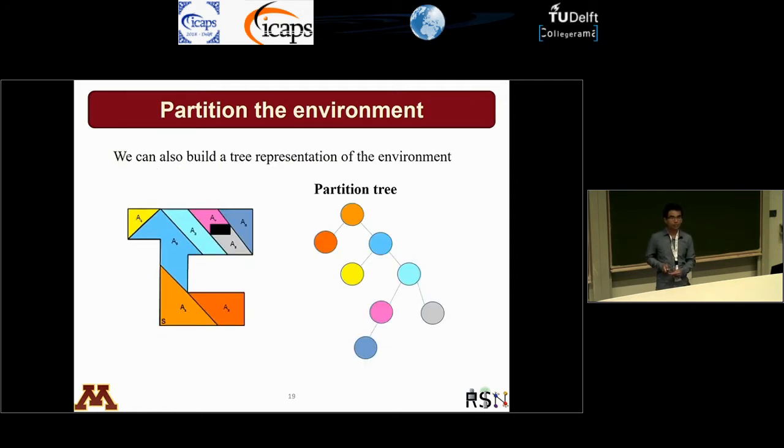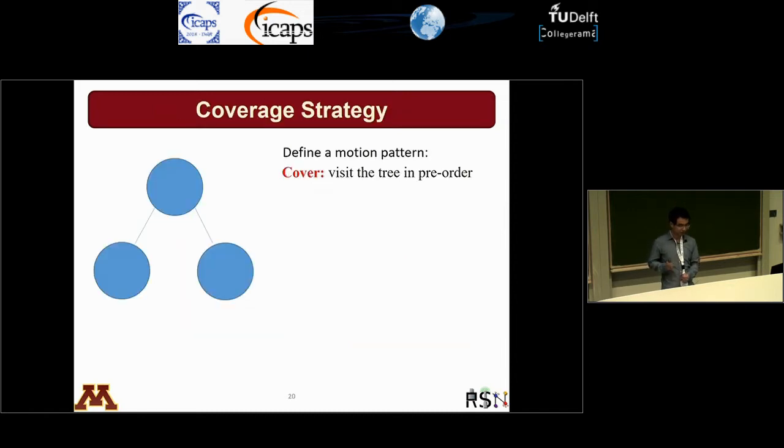Then, after decomposing the environment, we can build a tree representation of the whole environment, where the previously found sub-area can be viewed as the parent node of the newly started sweeping process. With this tree representation, we can define a motion pattern for coverage. First, in terms of the tree, we visit the nodes in pre-order.